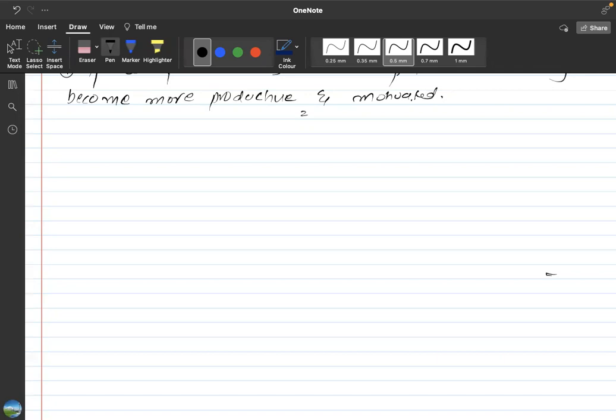The first stage is physiological or physical needs. I'll give you examples of the physiological and physical needs, but let me write all sets of needs first. The second set of needs are the safety or security needs.